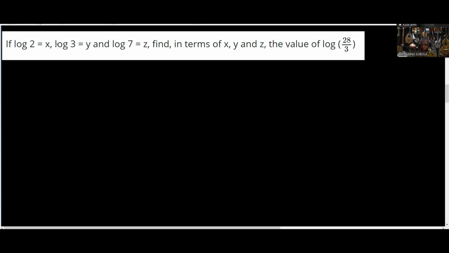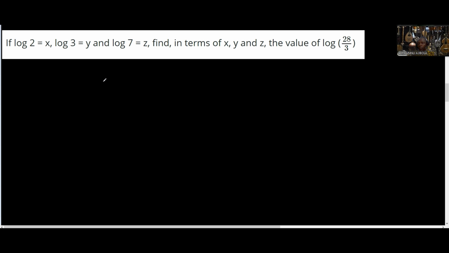That means we should split log 28 into something that will give us 2 or 3 or 7. But we already have 3 at the bottom, okay? Yes, sir. So that means it's only 4 and 7 that will give us 28.